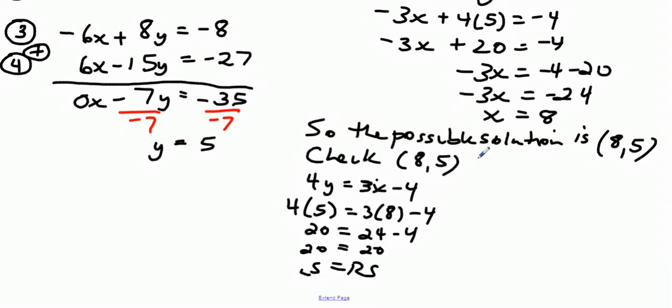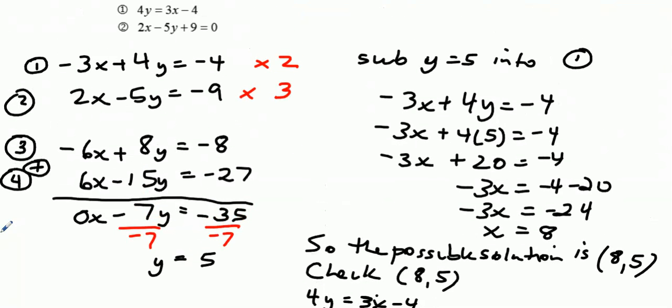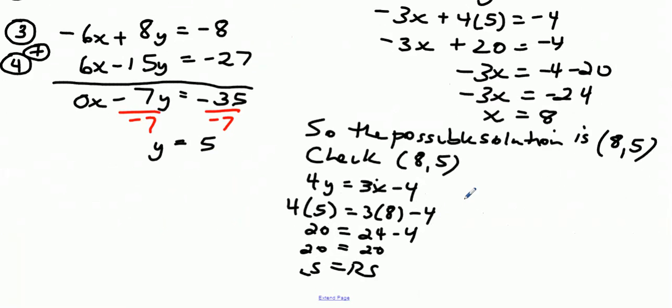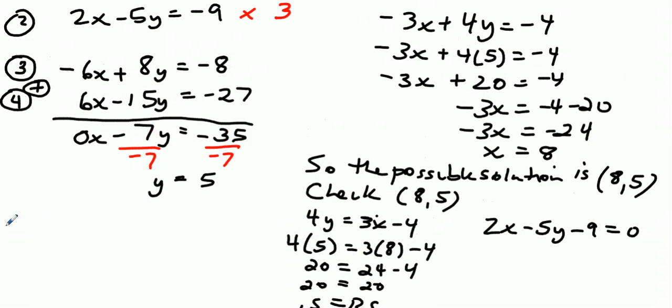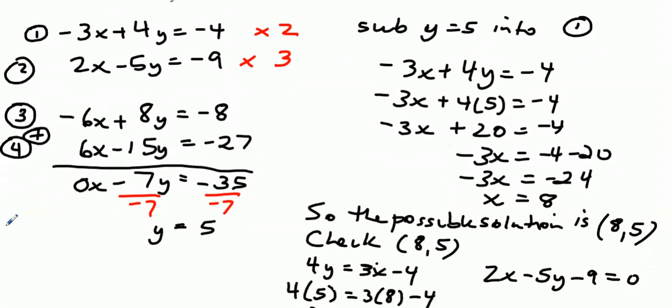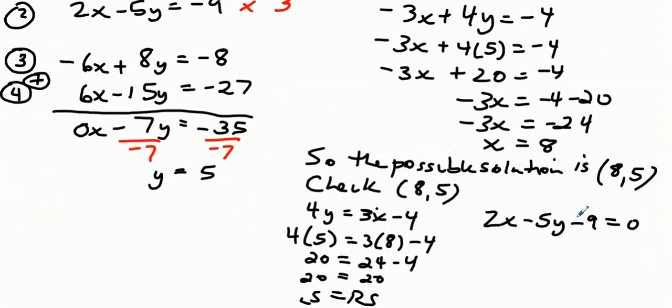Let's check the other original. So 2x minus 5y plus 9 equals 0. So 2x minus 5y, was it minus 9 equals 0? Let me just double check. Hate to write it down wrong because then my check would be wrong. See, look at that, it's plus 9. All right, so that's 2 times 8 minus 5 times 5 plus 9 equals 0.